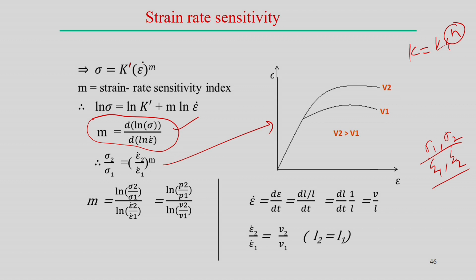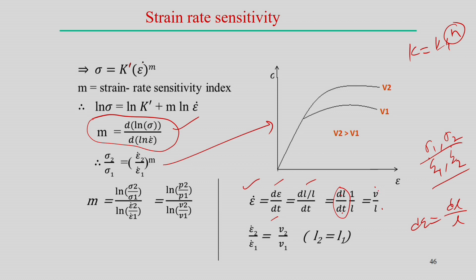For example, suppose strain rate can be represented like that: d epsilon by dt, where d epsilon equals the elemental length with respect to the original length. So dl by L by dt. So dl by dt times 1 by L, where dl by dt is simply the velocity v, so v by L. Now in a universal tensile testing machine, we control the crosshead speed.